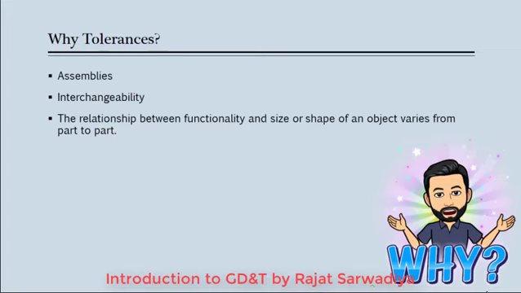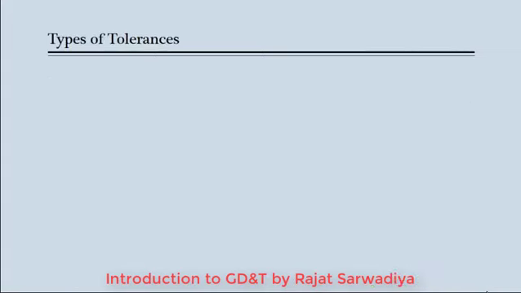Then, what are the types of tolerances? How can we categorize the tolerances? There are two types of tolerances in engineering drawing. One is dimensional tolerances, another one is geometrical tolerances.